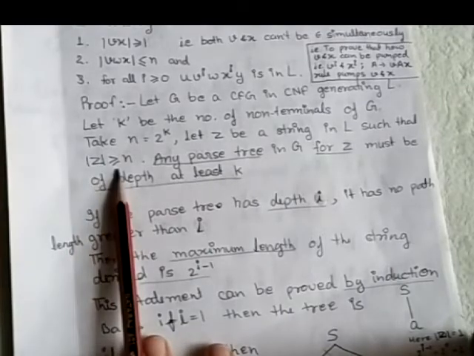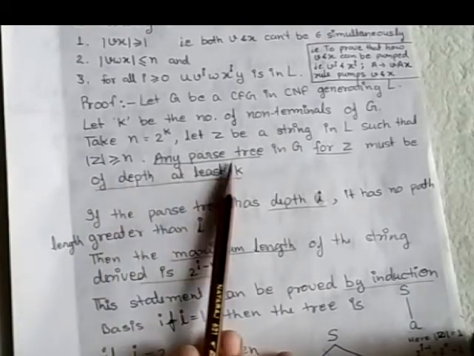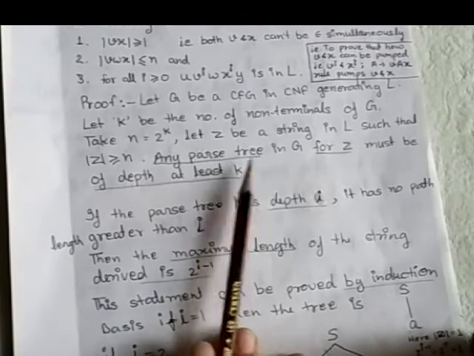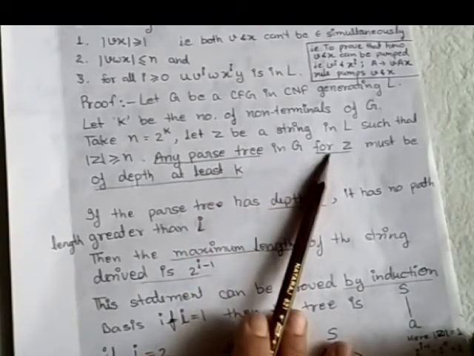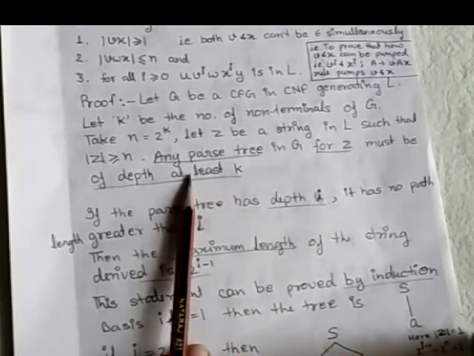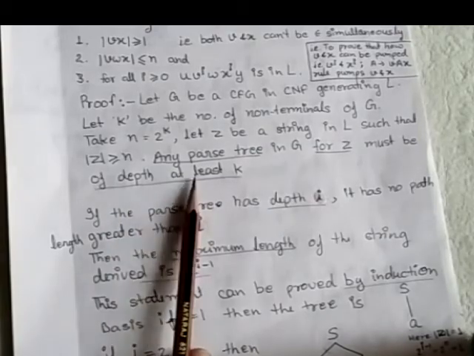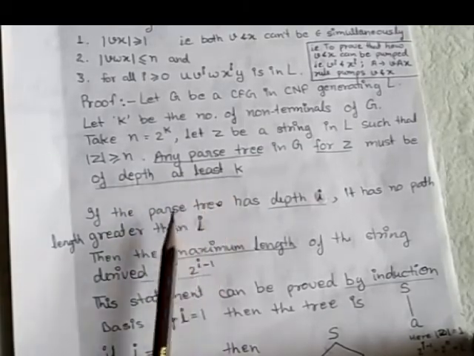to n. Now, for any parse tree which derives the string z, the depth of the parse tree must be at least k.